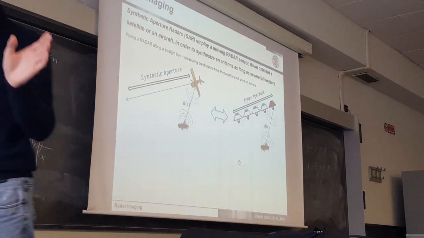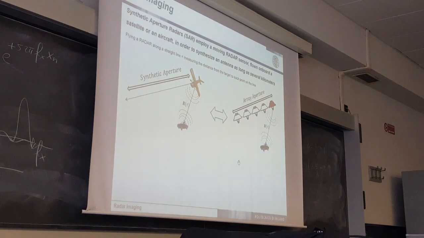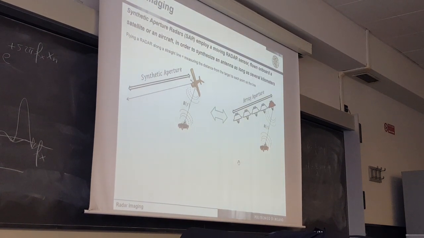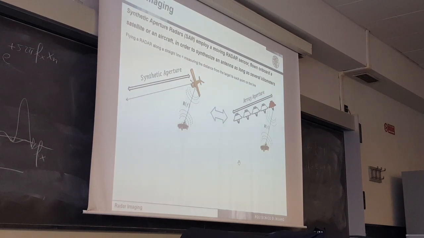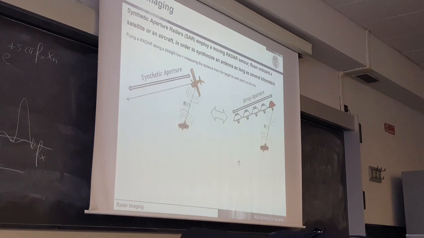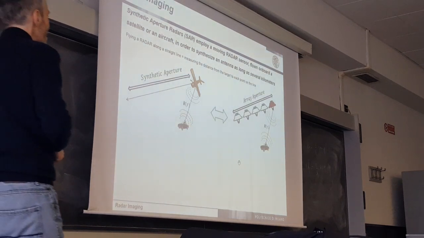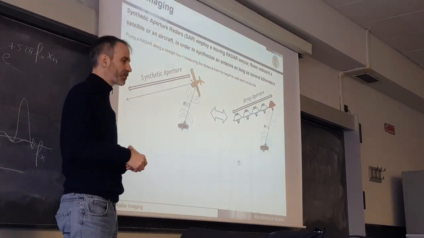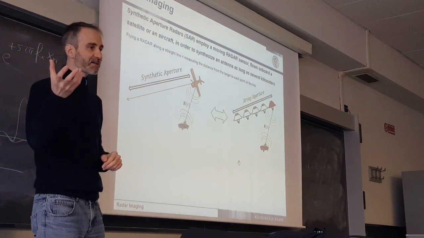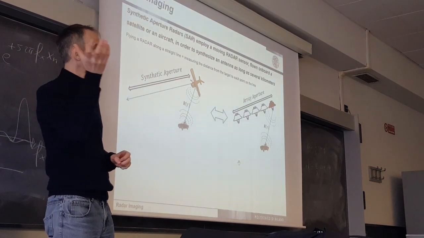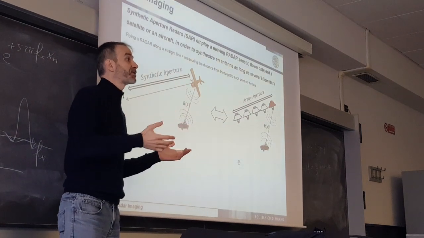We say that your angular resolution depends on how long your array is, right? So I want a very fine angular resolution. What do I have to do? I need a very, very long array, which might cost a lot, because I need to buy a lot of antennas.